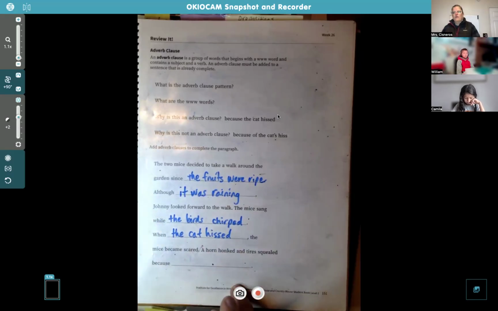I like that. And then what about the last one that says a horn honked and tires squealed because blank? Because the vehicle came to an immediate stop.